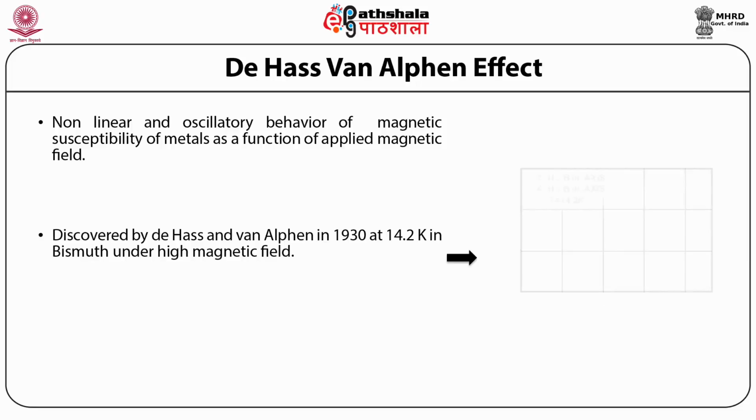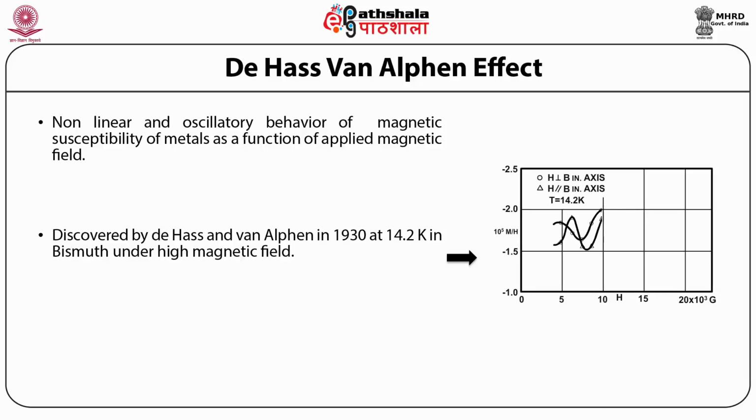This temperature was around 14.2 Kelvin in the metal bismuth as a function of high magnetic field. They found that the magnetic susceptibility is a periodic function of the reciprocal of magnetic field.